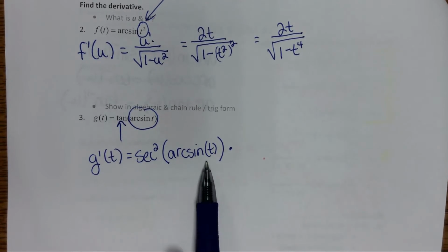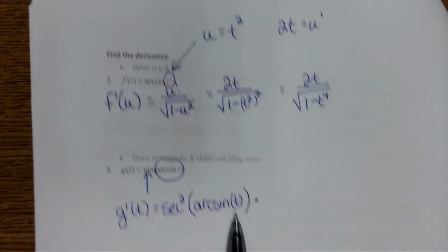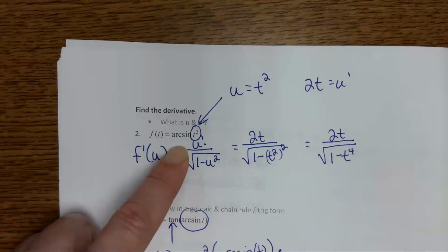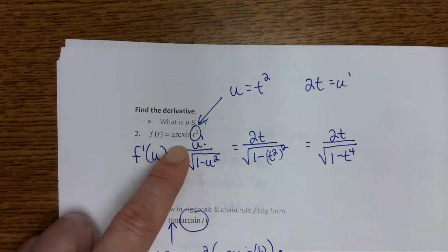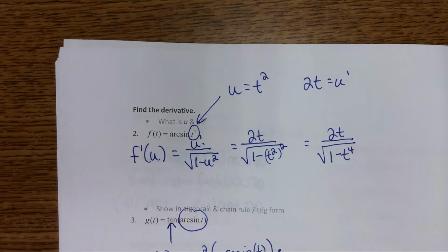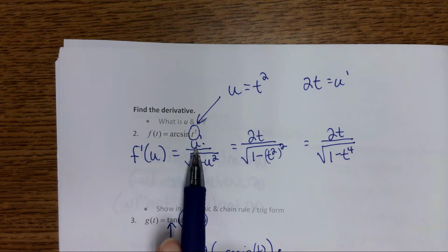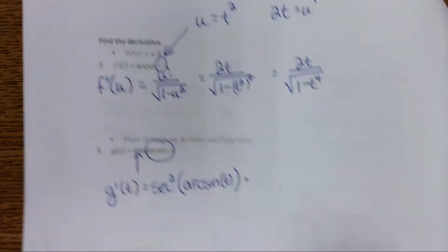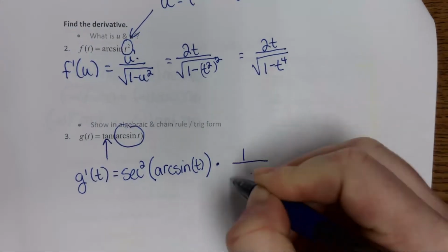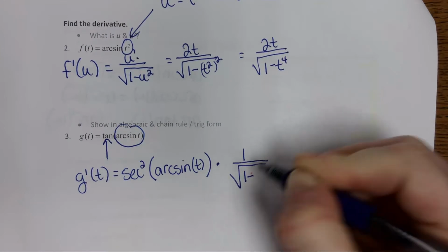Here's the nice thing. It's just a t, and I'm taking the derivative with respect to t, so the derivative is just going to be a 1 on top. So 1 over the square root of 1 minus t squared.